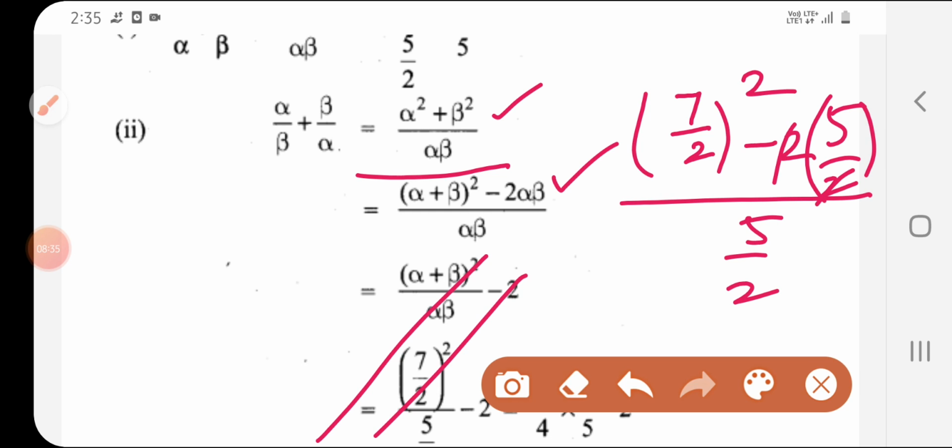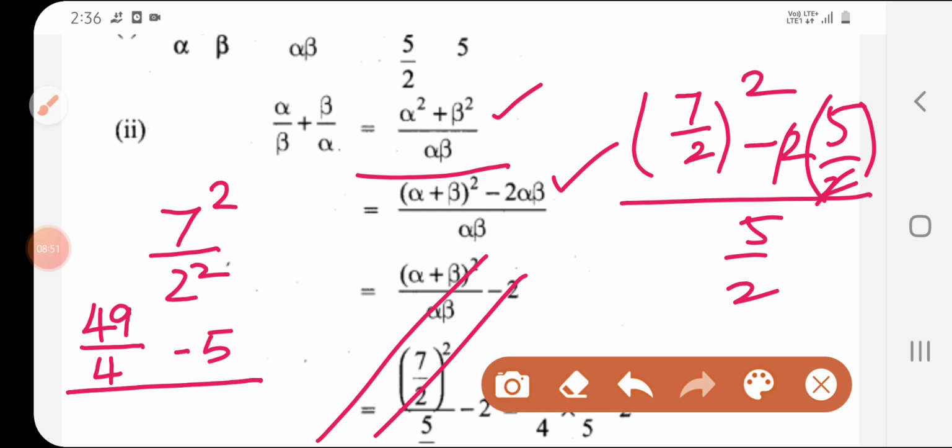Here the 2 will be cancelled. 7 by 2 the whole square will be 7 square by 2 square, 7 square is 49, 2 square is 4, minus 5, divided by 5 by 2. We can write this as into 2 by 5.